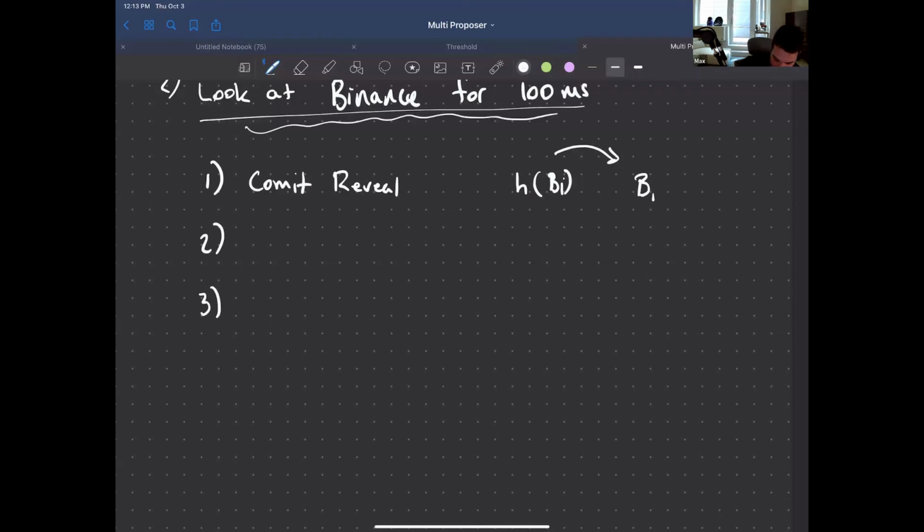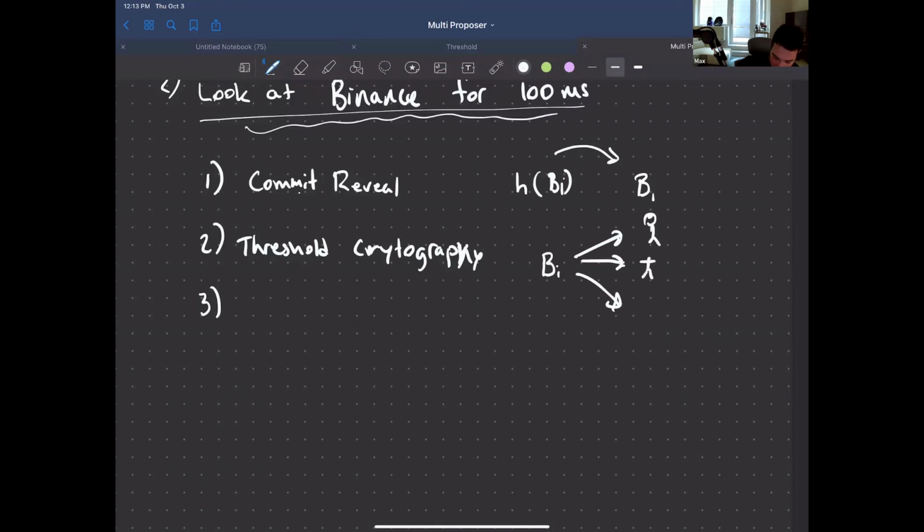So it's similar to how EPBS is also going to work. So you have commit reveal, you have threshold cryptography. That would be like, we take the block and then we encrypt it in such a way that if 2/3 or 2f+1 of the validators release their piece of it, then everybody can see it.